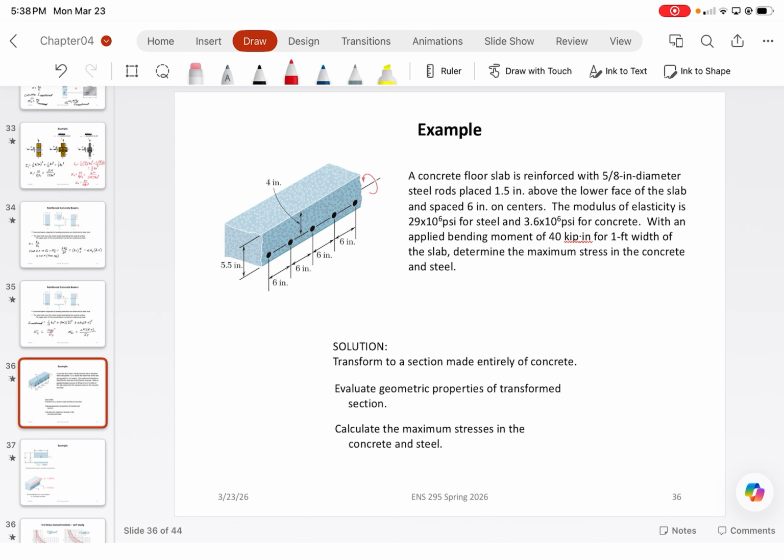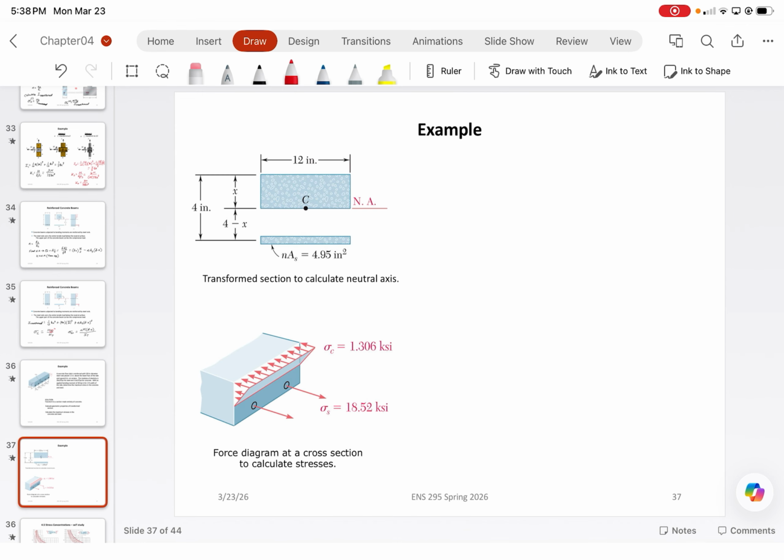So we need to transform the area of the steel to an equivalent area of the concrete, knowing that the modular ratio is just going to be the elastic modulus of the steel, which is 29,000 KSI, divided by 3,600 KSI for the concrete. We should get roughly 8.06. This is a unitless value, so don't write units for the modular ratio.